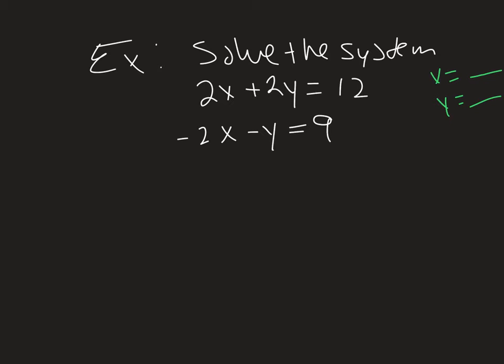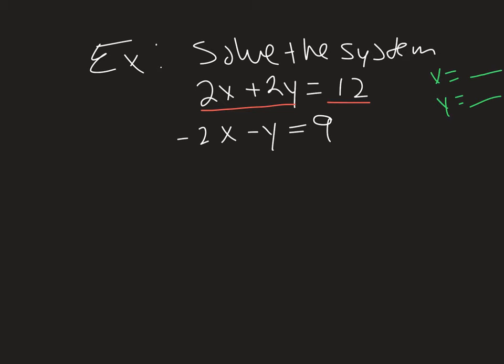So here's the core idea of elimination. If I look at this top equation, I know that both of these things I've underlined in red are equal. And we know that we can add and subtract equal things from two different sides of an equation.